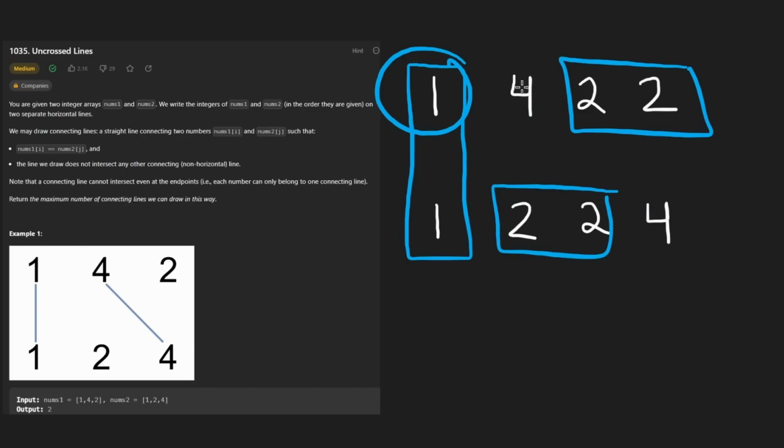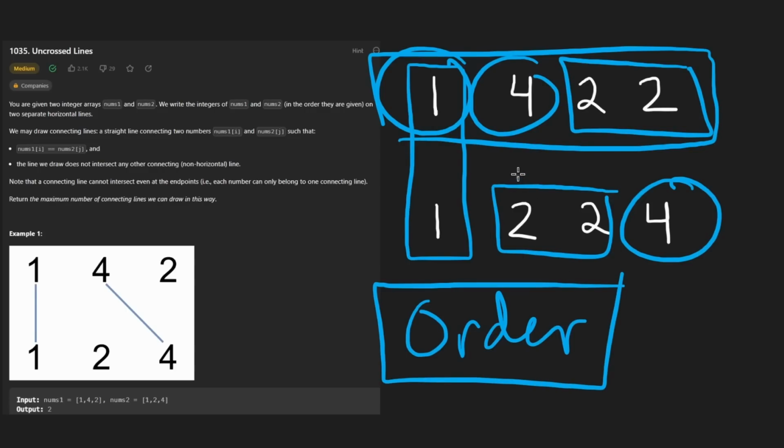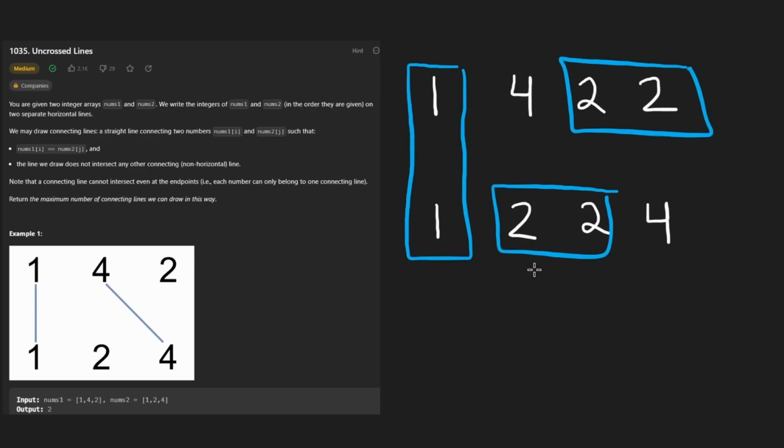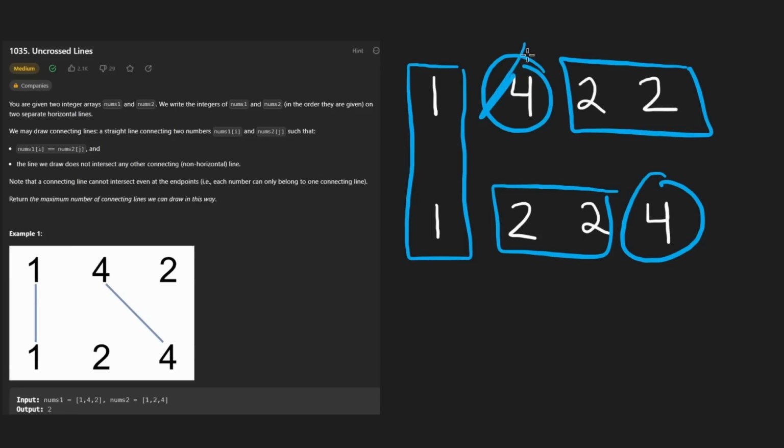If we were to try to include both of the 4s as well, we see that the two subsequences are definitely not the same. Remember, order matters in a subsequence. We are allowed to skip characters, but we can't change the relative order of elements. And if we wanted to include these 4s, we can't change the order. And clearly, these two do not match each other, so we have to skip the 4.